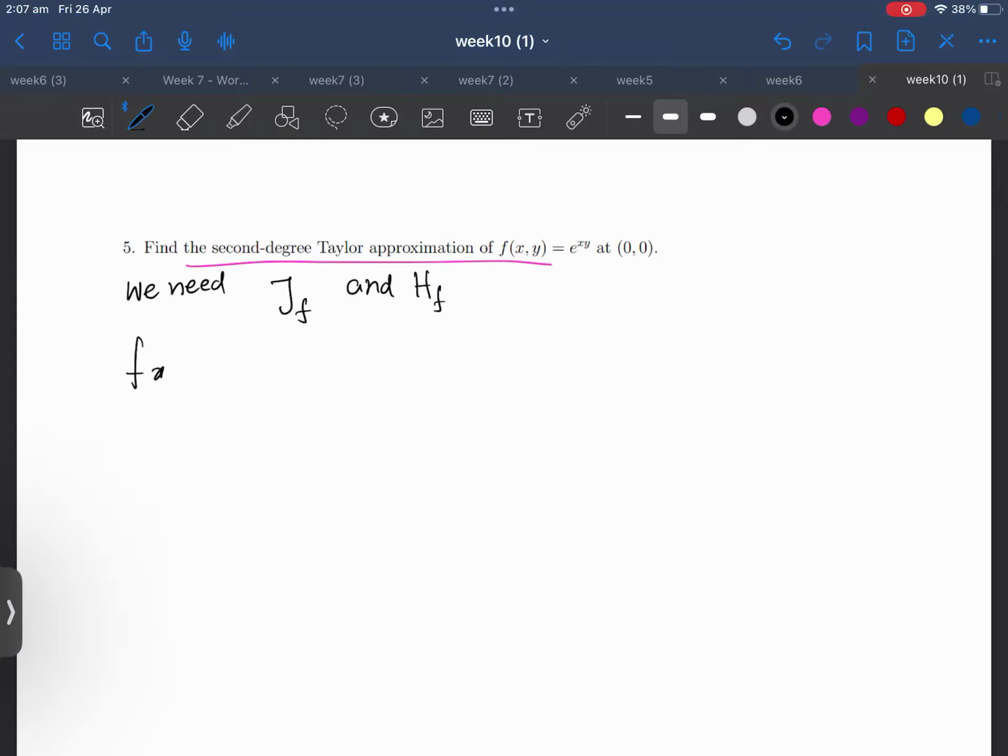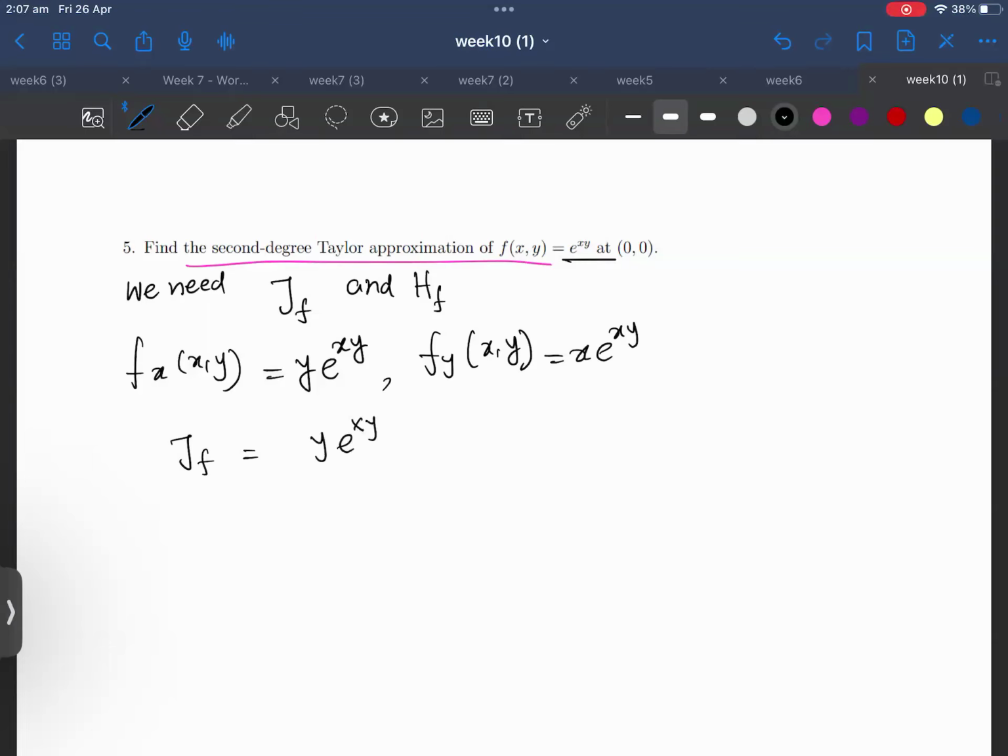So f of x will give you y e to the power xy and f of y is x e to the power xy. So JF will give you y e to the power xy and x e to the power xy. So this is your JF, Jacobian.